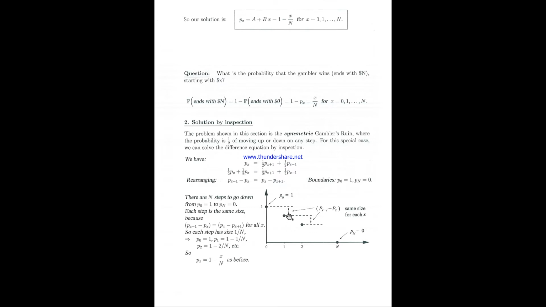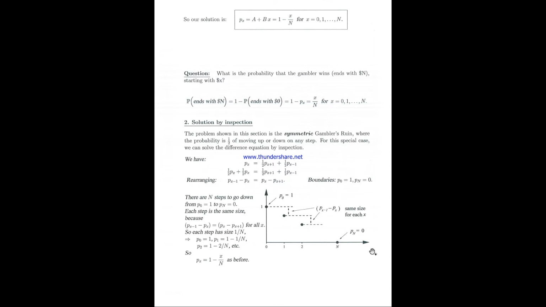If you take this distance and this distance, you have the same distance between any two steps. This is a special case because we are using a fair coin, so between these two steps you have an equal distance, right?